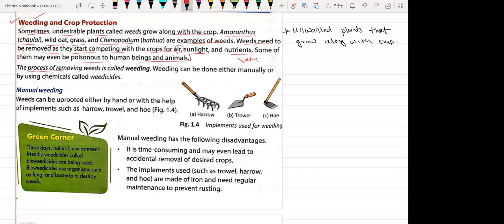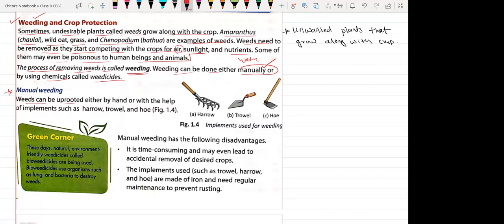The process of removing the weed from the crop field is called weeding. Weeding can be done either manually or by using chemicals called weedicides. Let's first discuss the manual method.